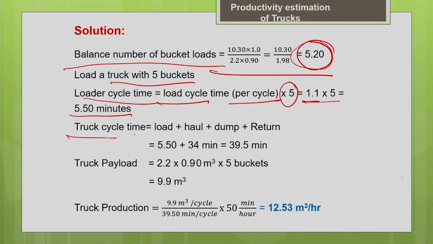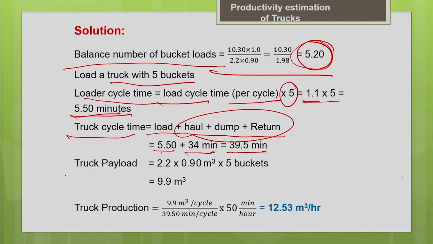Now what will be the truck cycle time? Truck cycle time is nothing but loading plus hauling plus dumping plus returning. So this value is completely given to you in the problem as 34 minutes, haul plus dump plus return. Loading time you have just now estimated 5.5 minutes. So 5.5 plus 34 gives you 39.5 minutes as a truck cycle time.